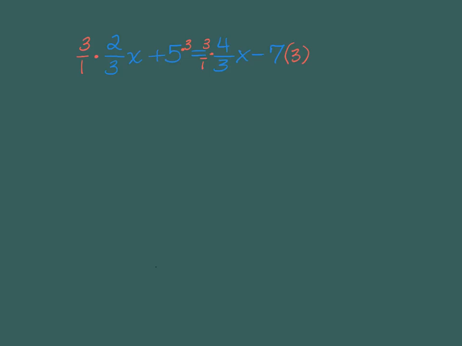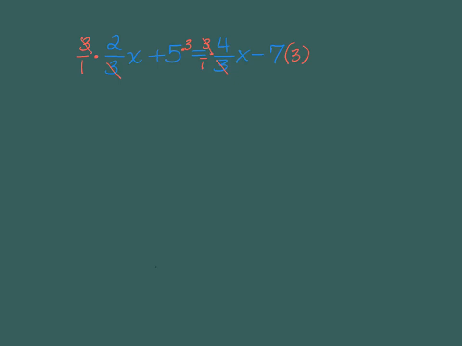Now if you do that, the reason we're doing that is 3/3 is equal to 1, which means you can cross it out. And this 3/3 is equal to 1. So you can cross those out because they reduce down to 1.